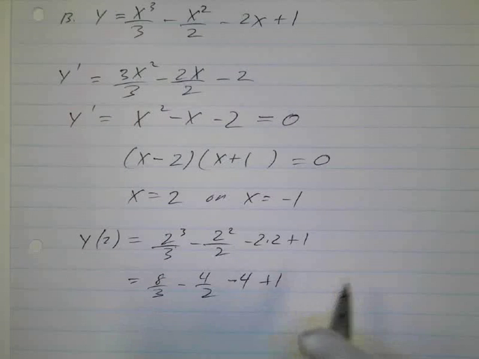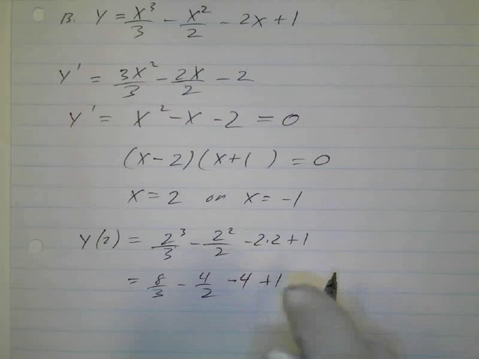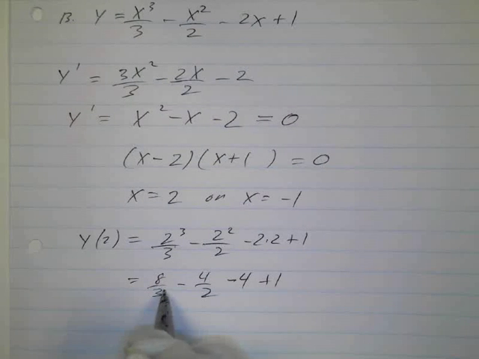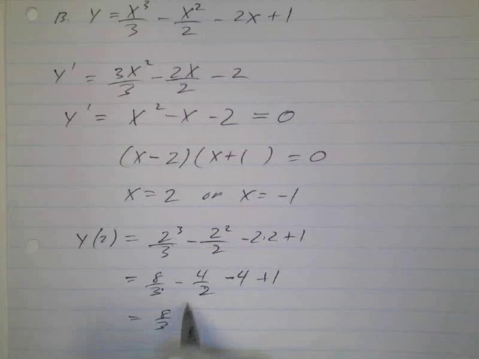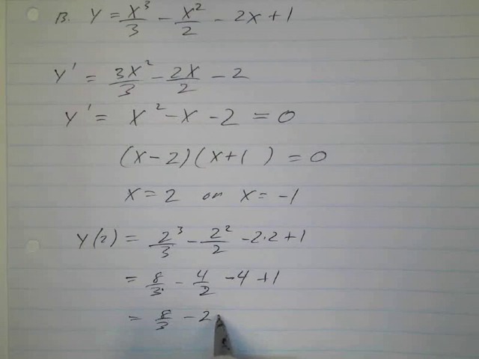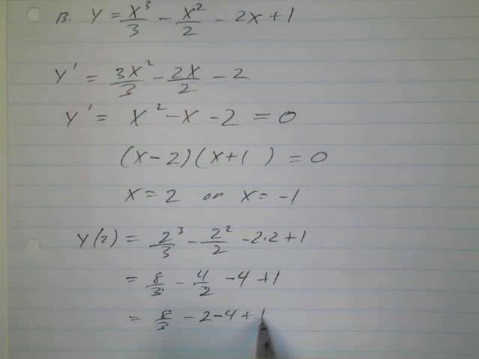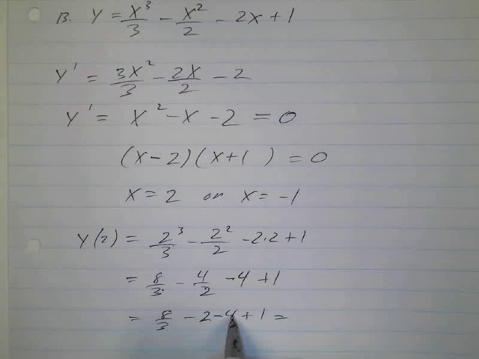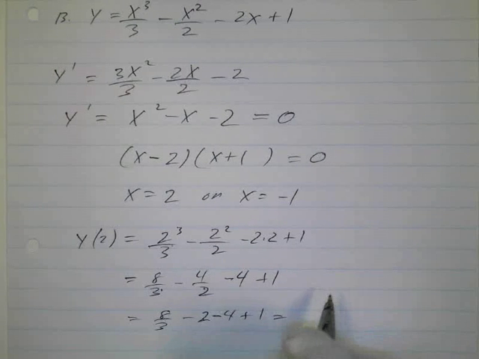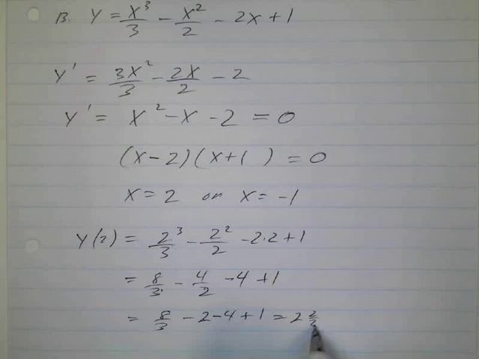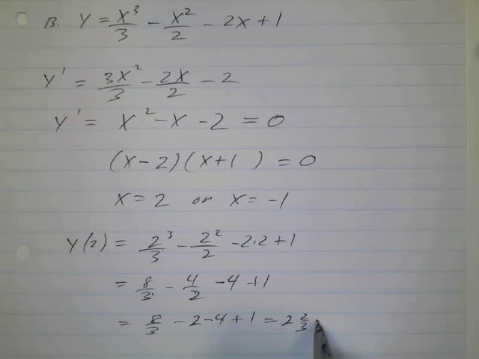You work this out arithmetically however you would like to. This was 8 thirds minus 2, minus 4 plus 1. So that's negative 6 plus 1, which is negative 5. I called this 2 and 2 thirds, and then minus 5.